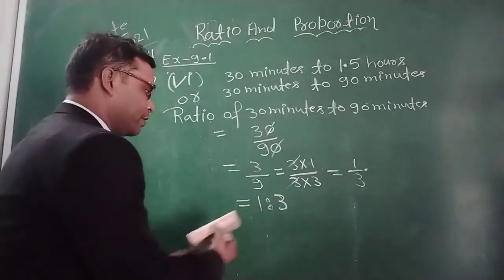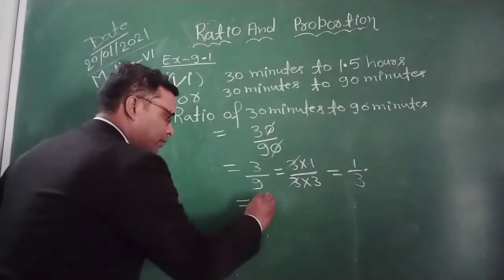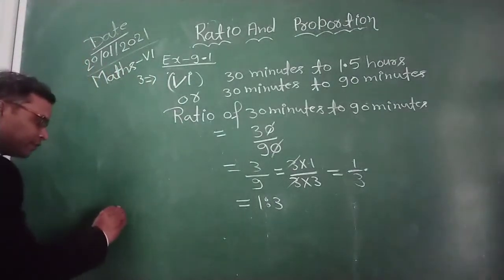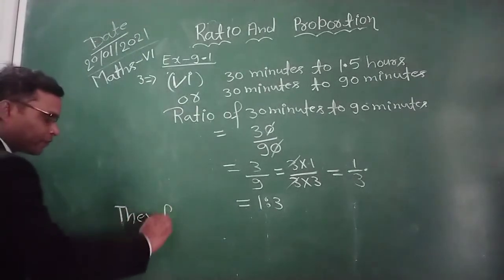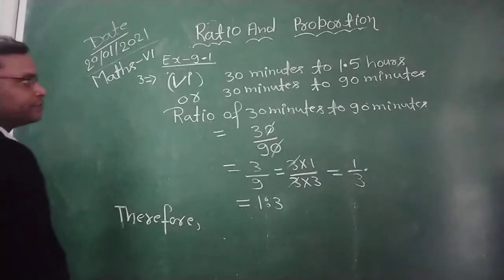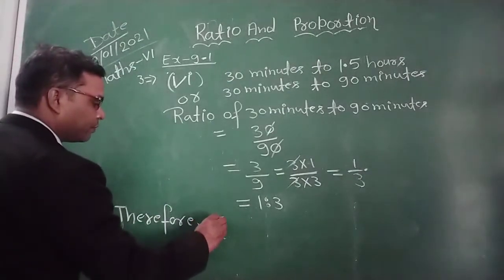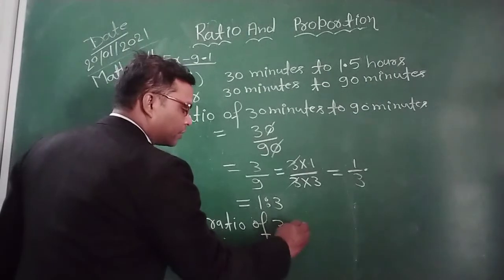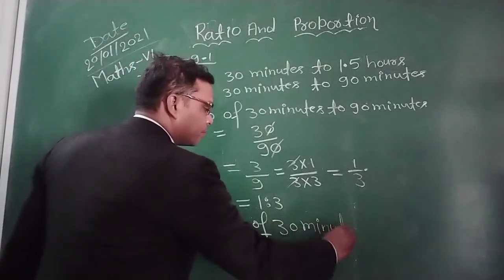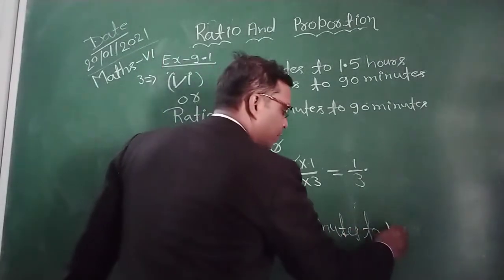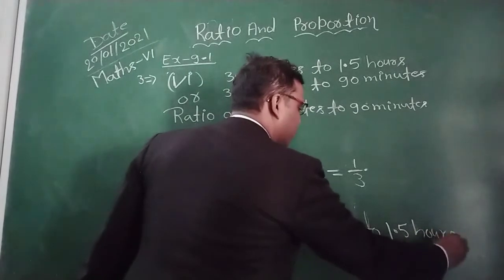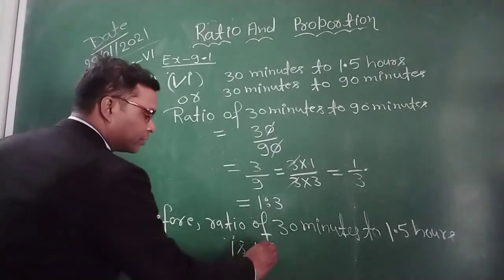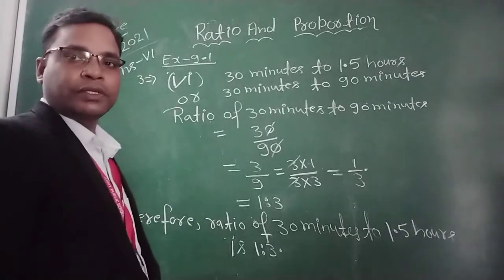Okay. We can write 1 ratio 3. At last, you can write here, therefore, the ratio of 30 minutes to 1.5 hours is 1:3.